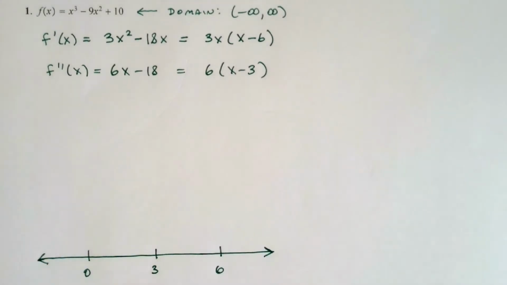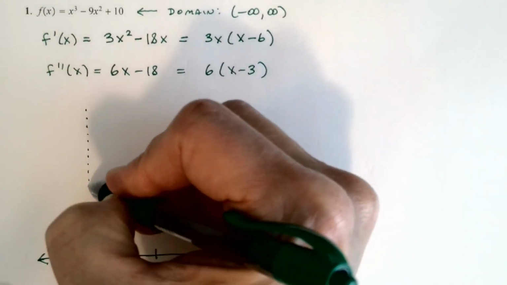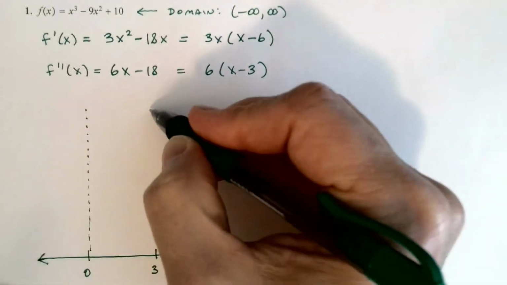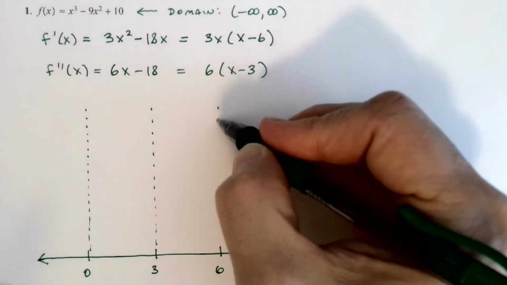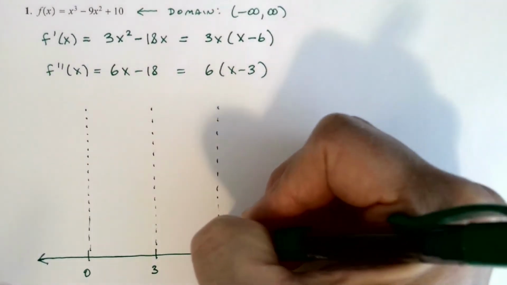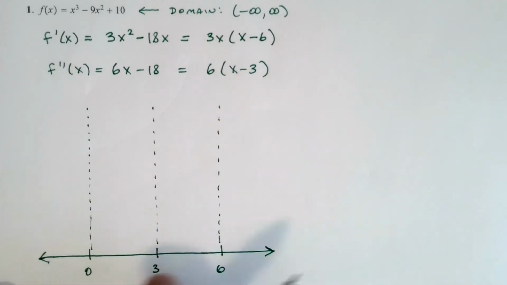And so what I would start with is seeing what's happening to the sign of our first and second derivative in these 4 intervals, right? Everything less than 0, between 0 and 3, between 3 and 6, and everything greater than 6.